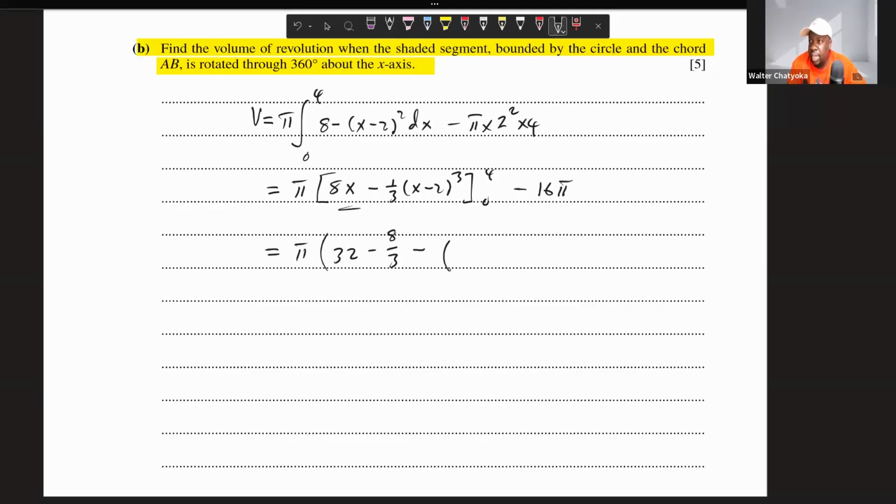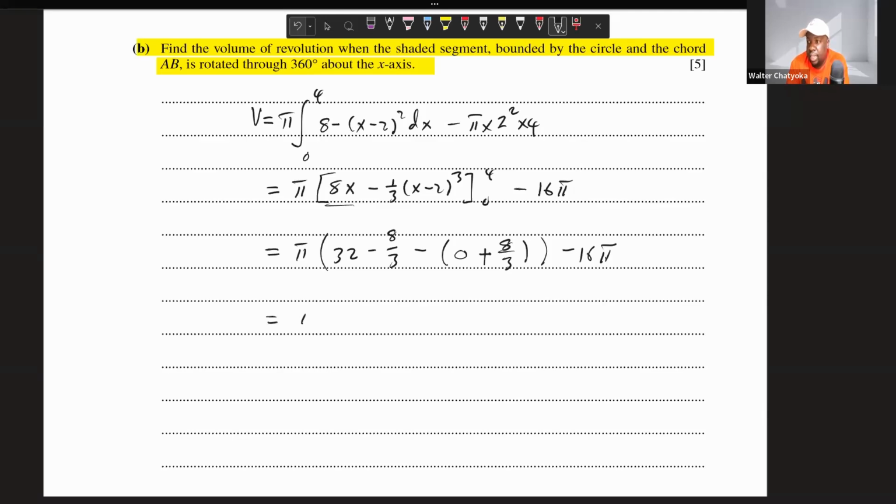And that's minus substituting 0. This part becomes 0. It's 0 minus, and substituting 0 into here, it becomes minus of minus, so it's a plus, and that's of (4 − 2), that's 2. 2 cubed is 8, so we get 8 over 3 again here, and that's minus 16π.